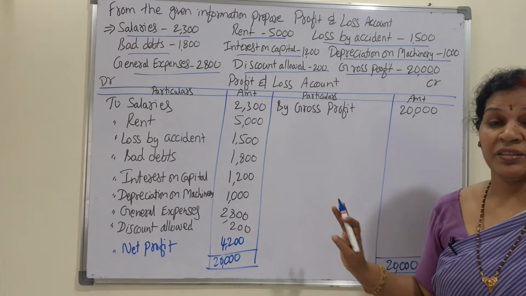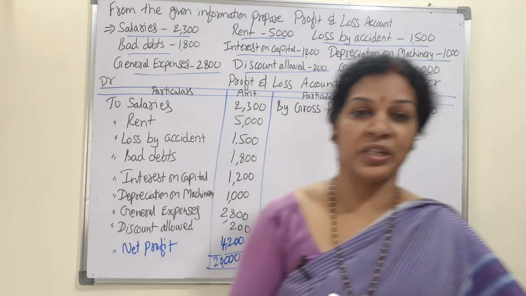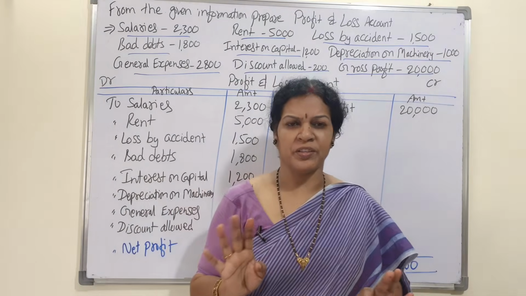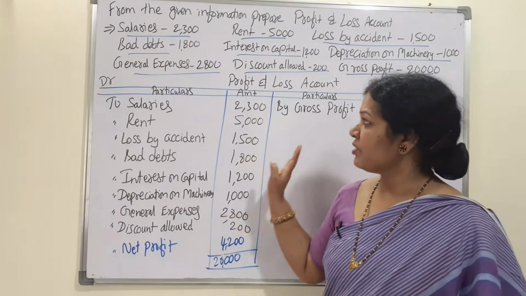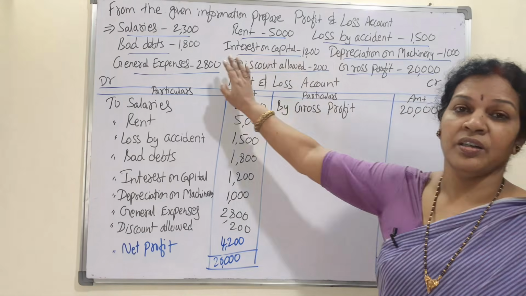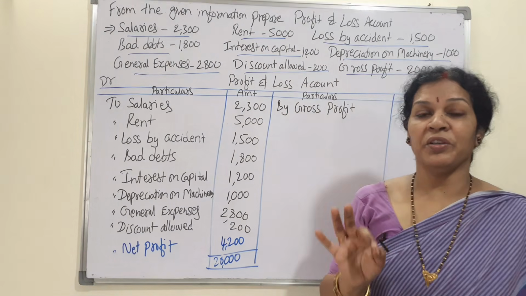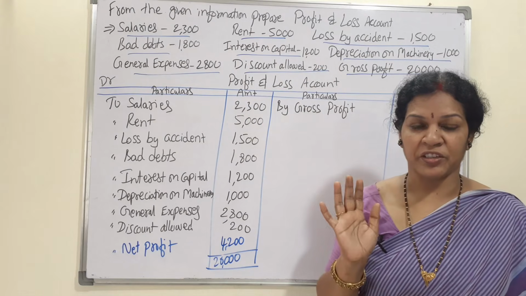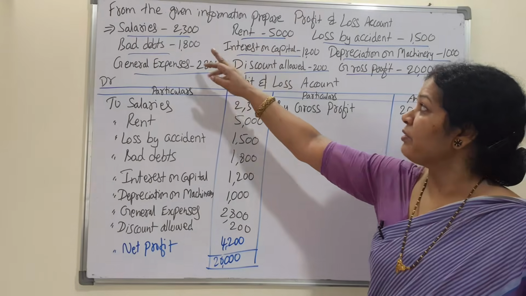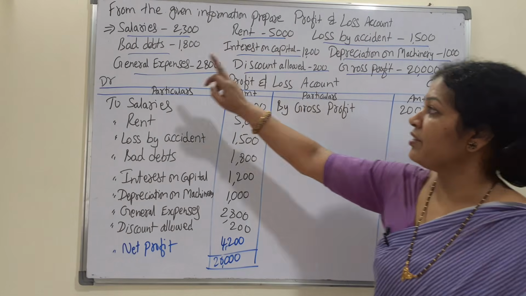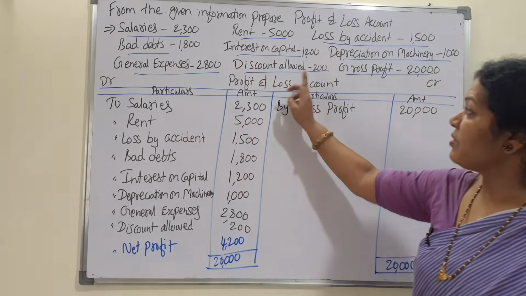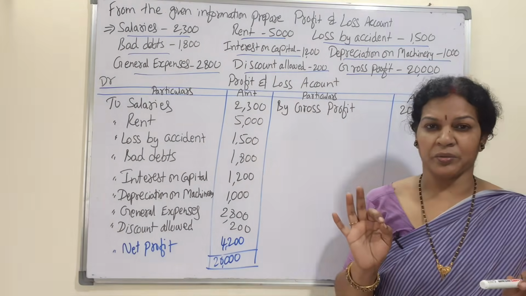Am I clear? Let me explain. First you can take a screenshot or note down this problem. Let me explain. Simple, nothing to worry. Profit and loss account. Just see the items, what is the given information. You have to identify what is direct expense, what is indirect expense. Now we have identified salaries, rent, loss by accident, bad debts, interest on capital, depreciation on machinery, general expenses, discount allowed, everything is indirect only.